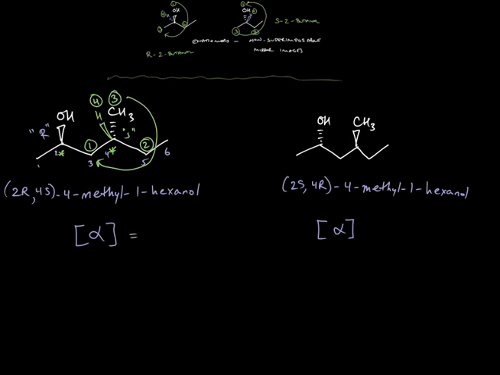And so if this guy rotates light at plus 14 degrees, then this guy on the right, which is its enantiomer, would rotate light at minus 14 degrees. With structural isomers, we have no idea how they're related in terms of their rotation of light. But with enantiomers, you can always tell that they're going to be equal but opposite rotations of light. And that's kind of the one way that we can tell them apart physically.